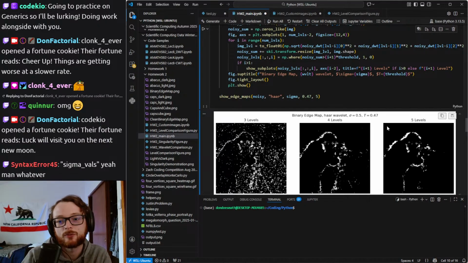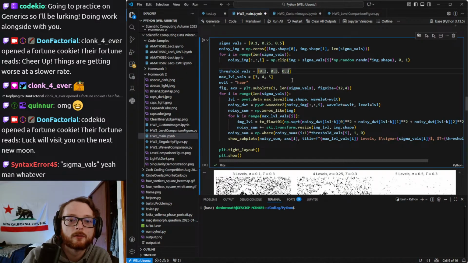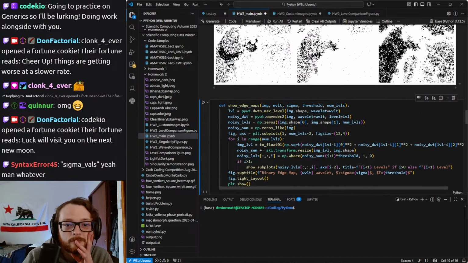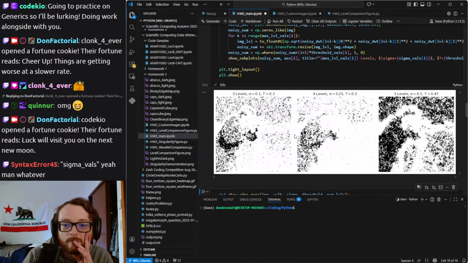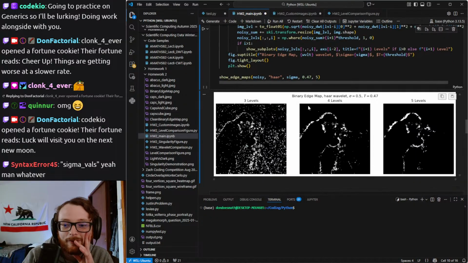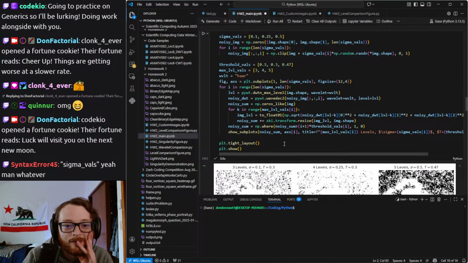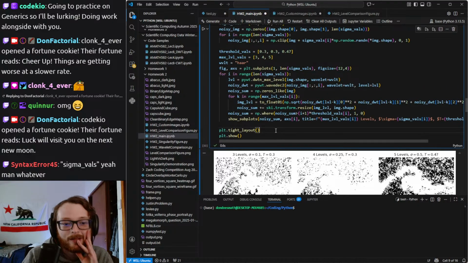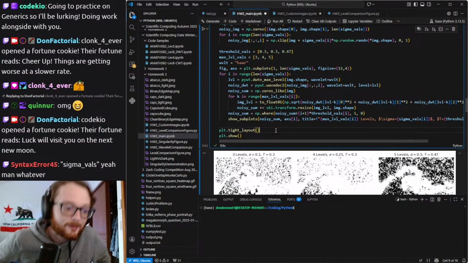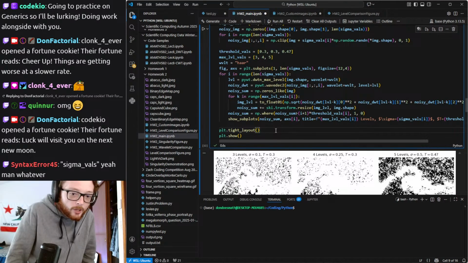Okay, let me make the threshold value match. 0.47. Why is it inverted? Well, I guess it's... I don't know, man. I do not know.